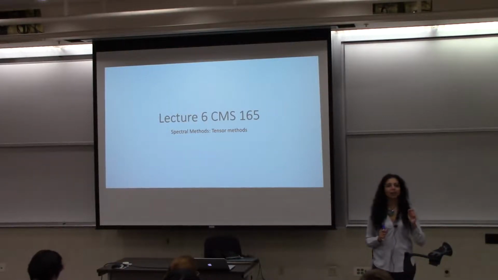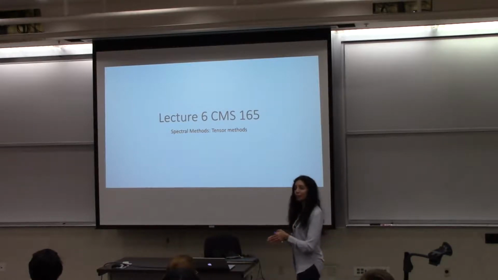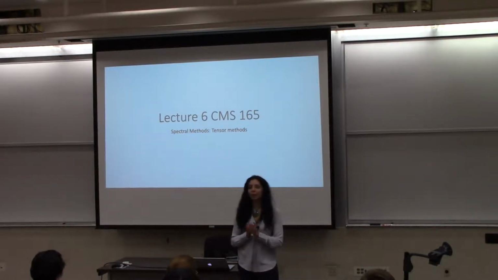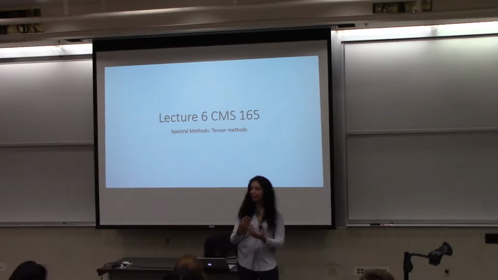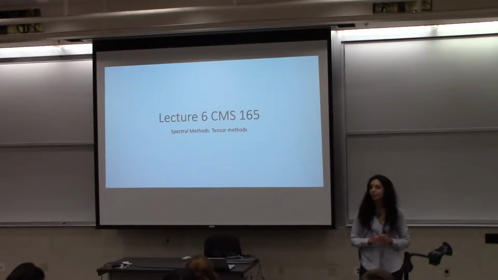The main message was spectral decomposition of matrices can be very helpful in finding low dimensional structures where the main signal of the data is, or the main aspect of what you want to estimate is present, right?